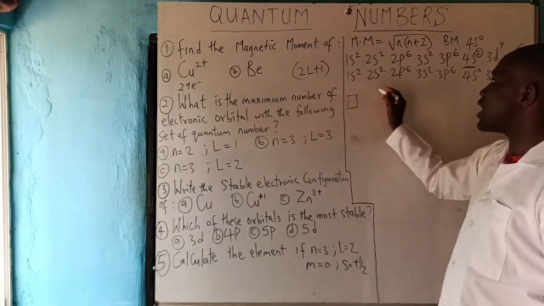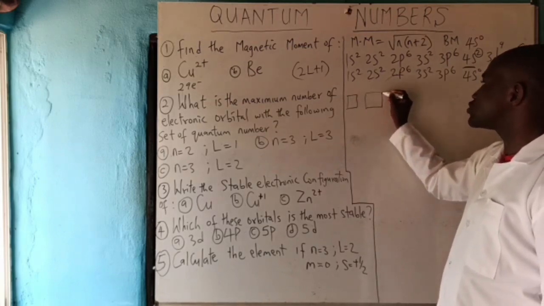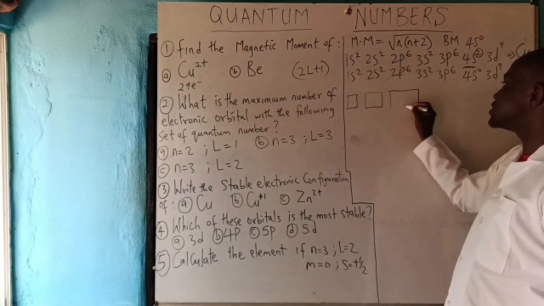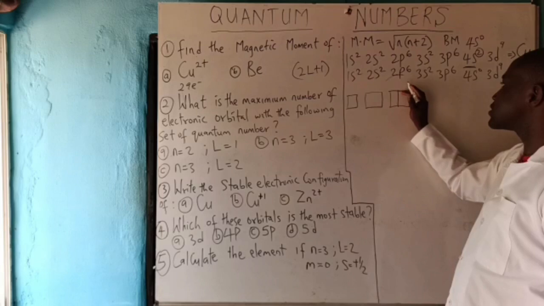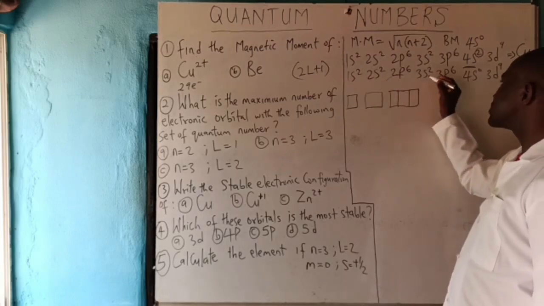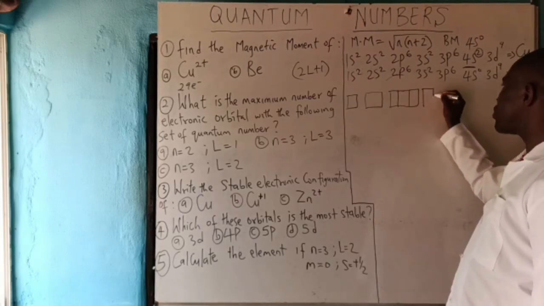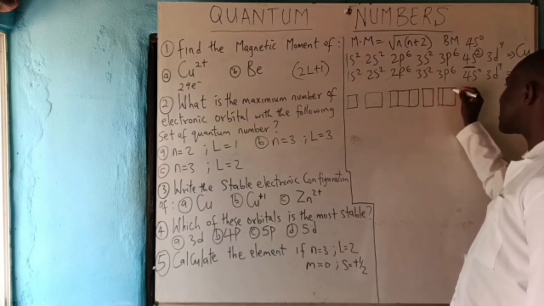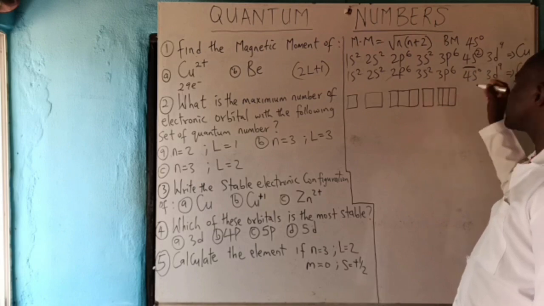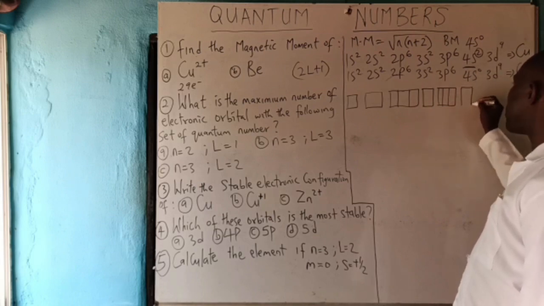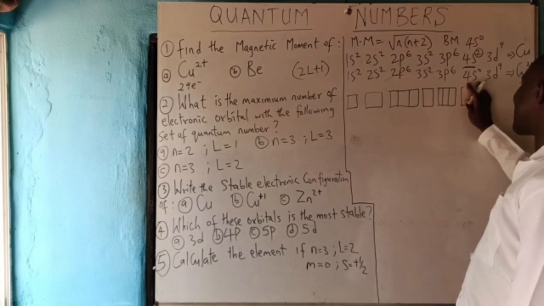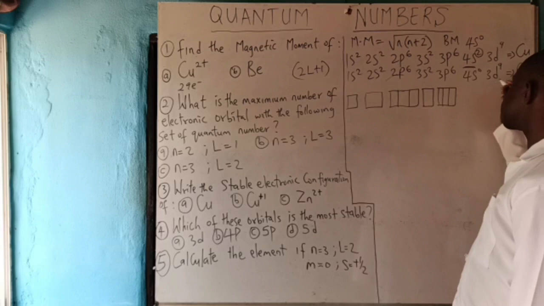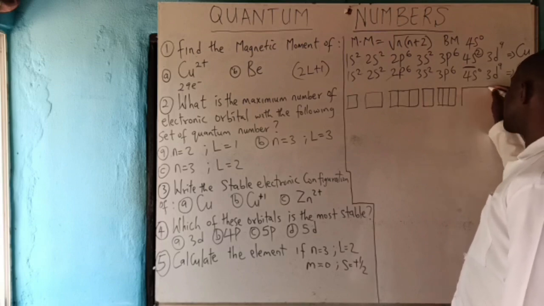Then for this one, 1 orbital because it's still s. For the p, we say it is 3 orbitals. Then for this one, 1 orbital because it is s. For the 3p, 3 orbitals. Then for this one, 1 orbital, but nothing is there, so there is no electron here and no need of wasting our space. Then d is 5 orbitals.